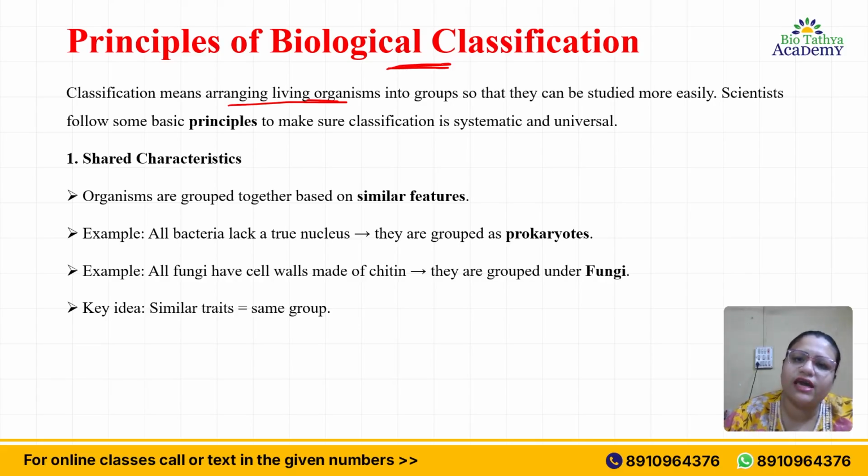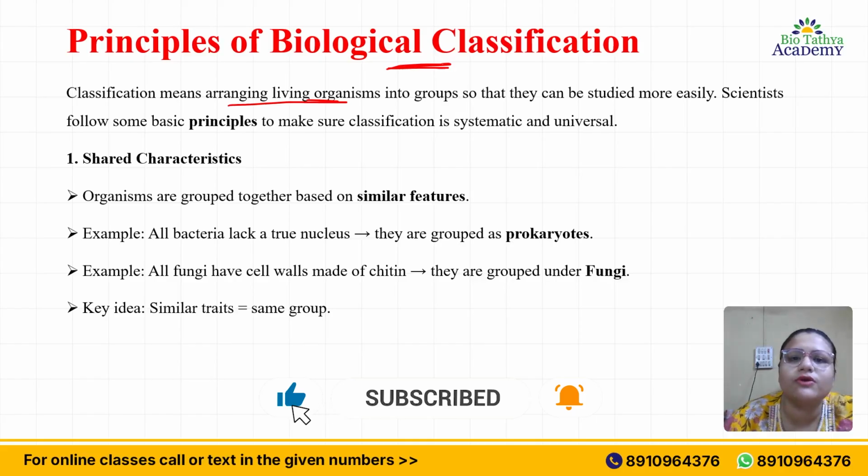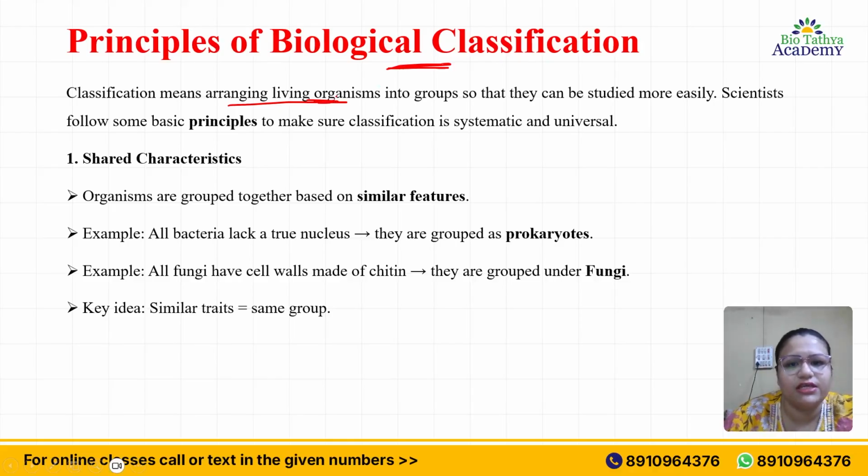In a store also, everything needs to be classified. Similarly, living organisms need to be classified into groups, so that they can be studied more easily. Whatever things we see in our everyday life, everything needs to be in a classified way.